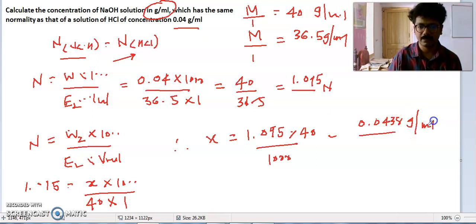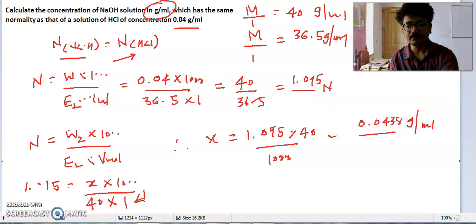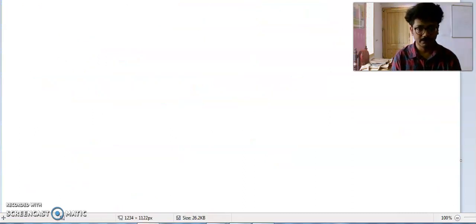As we have taken the ml as 1, this is the way you can find the answer. So here a relationship between HCl and NaOH is given: the normality of HCl, and on the basis of that the mass of NaOH is asked to find. Okay. Go for the next one.